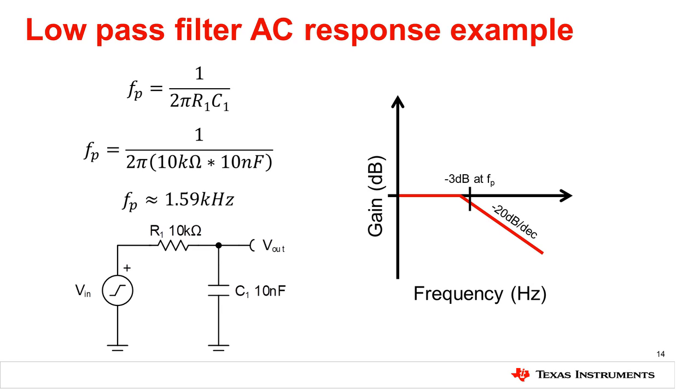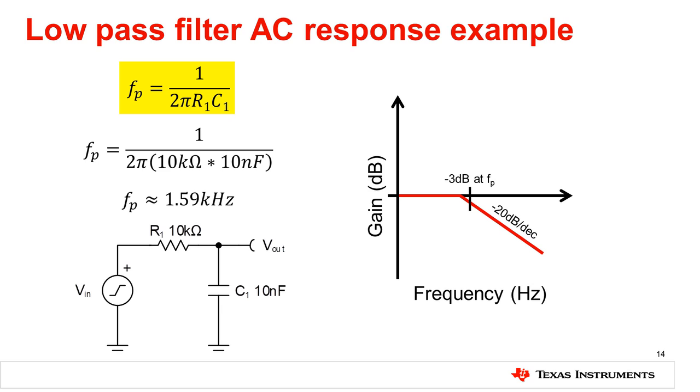The key transition point between these two regions is referred to as the pole. At the pole frequency, the gain of the circuit reaches -3 dB and begins to fall rapidly. Being able to determine this frequency is key to a successful filter design.